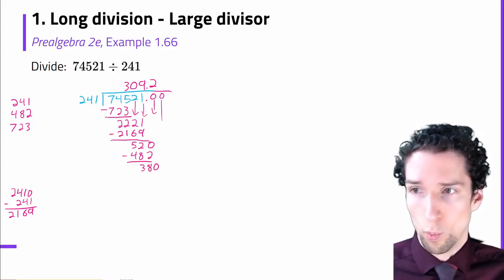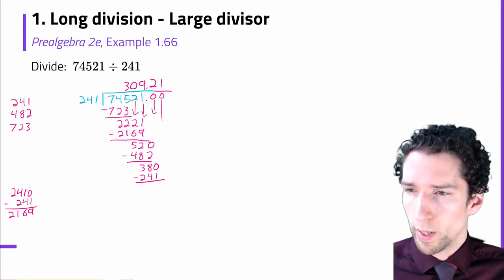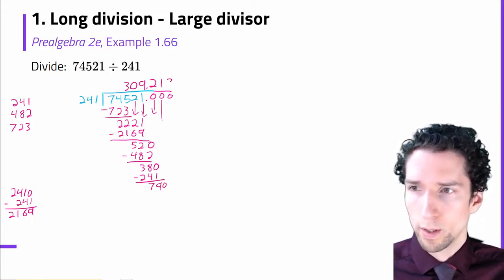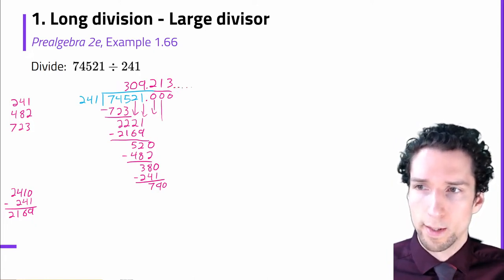That will go in 1 time, so 241. All right, and that's 79, and we can add another 0. That would go in 3 times. And at this point I'm saying, yeah, this is probably enough. So this feels accurate enough.